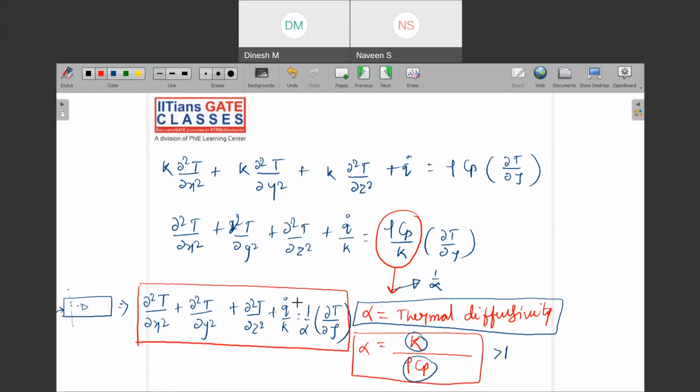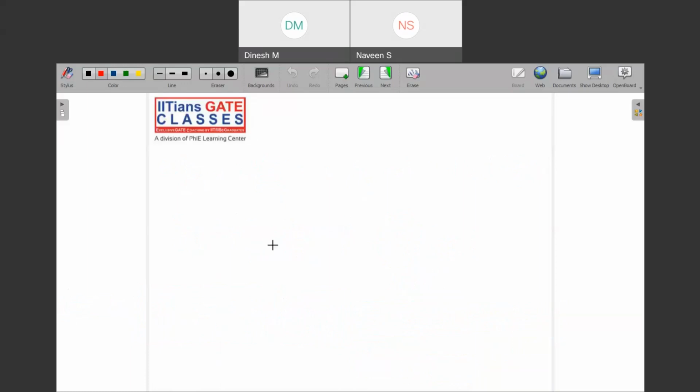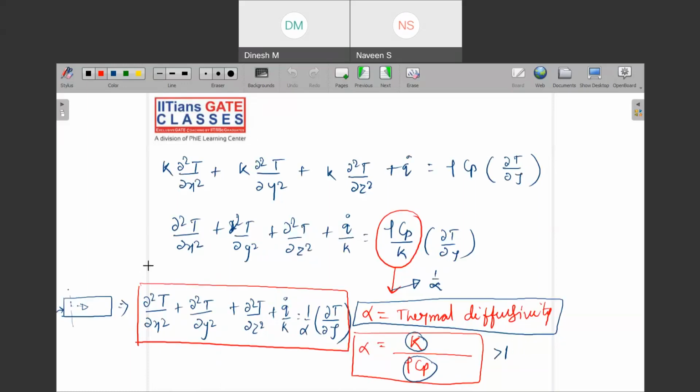So what are the special cases of this particular equation? If you remember this generalized one, then you can always reach the special ones.